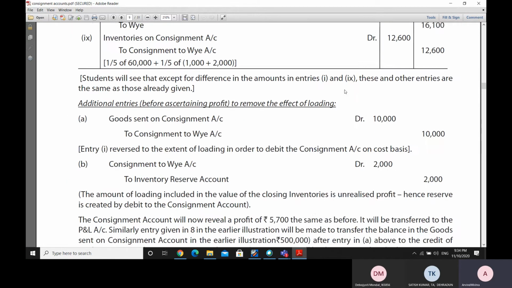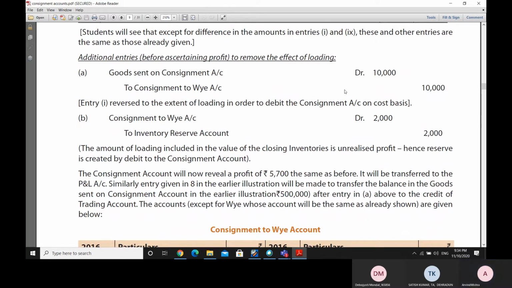So the loading that was done earlier is to be reduced, and that is why we are debiting the consignment account for reducing the loading and creating the inventory reserve account. By debiting the consignment account, we are putting this 2,000 rupees in the inventory reserve account, because ultimately it will be used to devalue the inventory to the cost level.